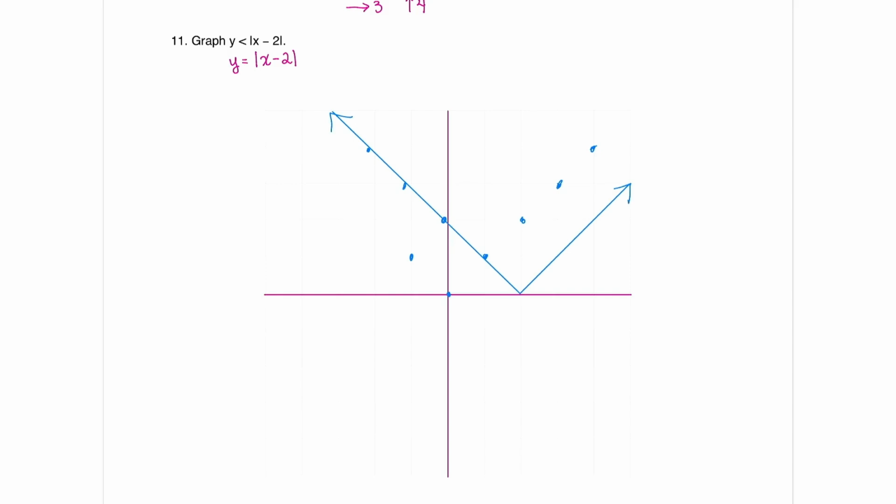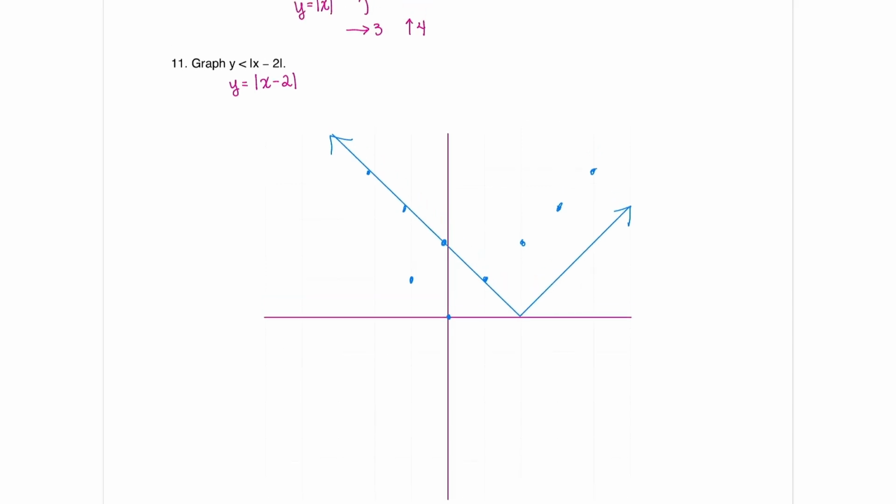So where we are going to shade it is where the y values are less than our graph, where they are underneath. Okay, so the y values are going to be smallest below the graph. It's going to be here, everywhere below it. So any point in yellow will be a solution to this inequality.